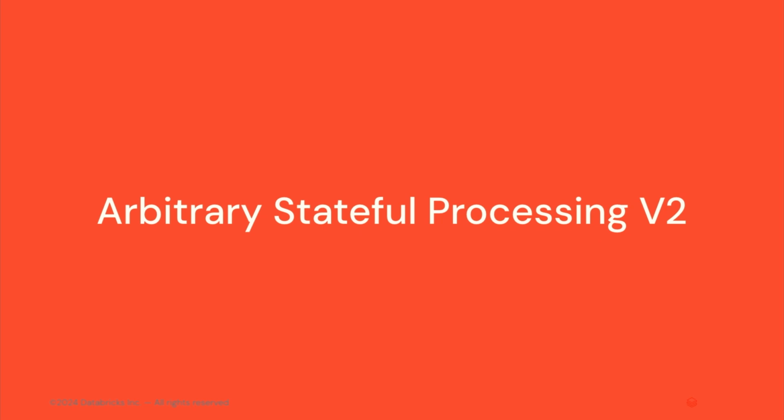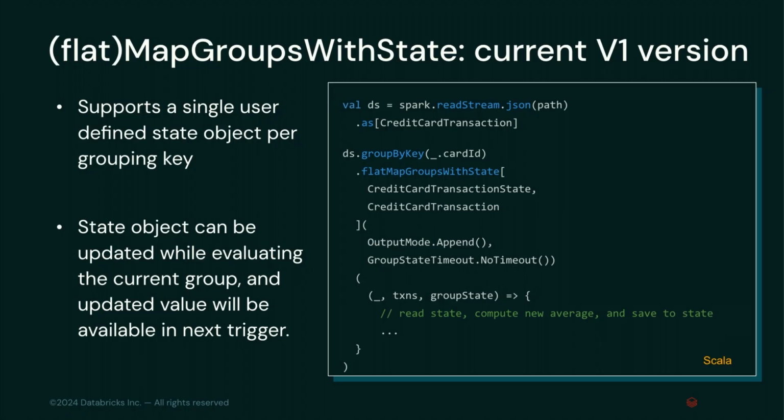Okay, another one about streaming state is a new API that will allow people to customize streaming state management. So why do we have a V2 version? First, we already have the V1 version, which allows you to do custom operations on your streaming state. We use the API flatMapGroupsWithState.